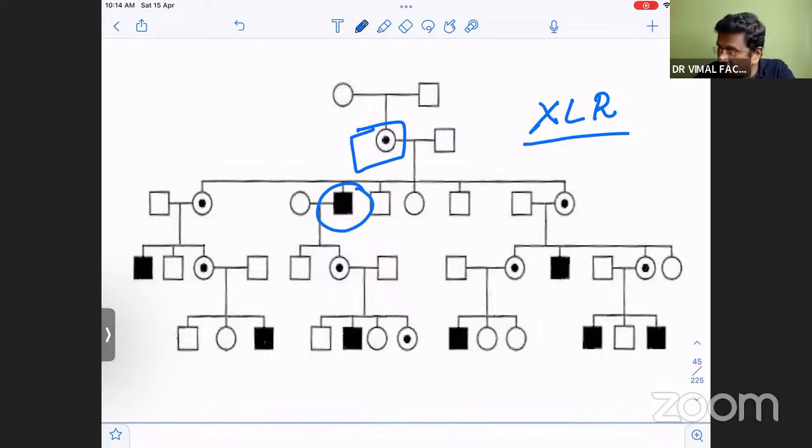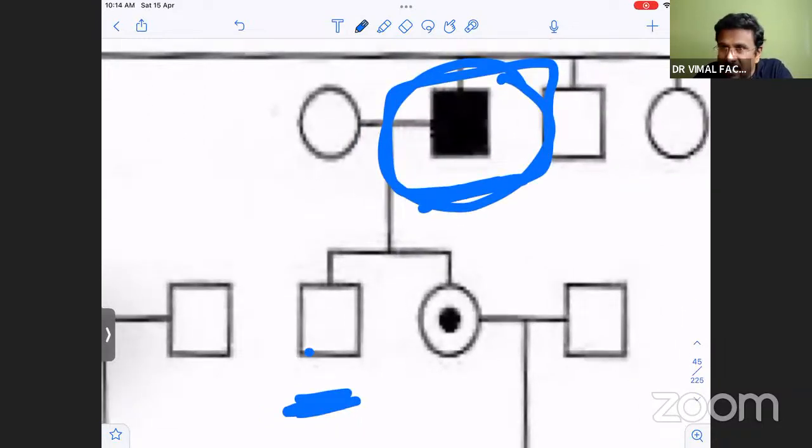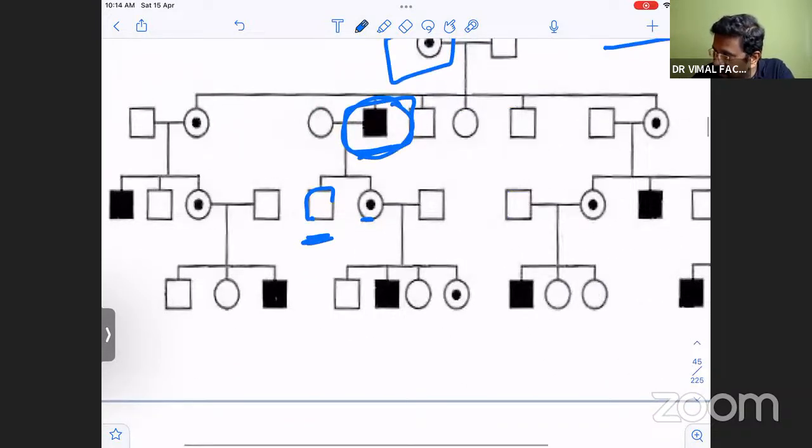But the affected male will not transmit the disease to the son. See, the father is affected here, but the daughter is a carrier, and the son is not getting it.